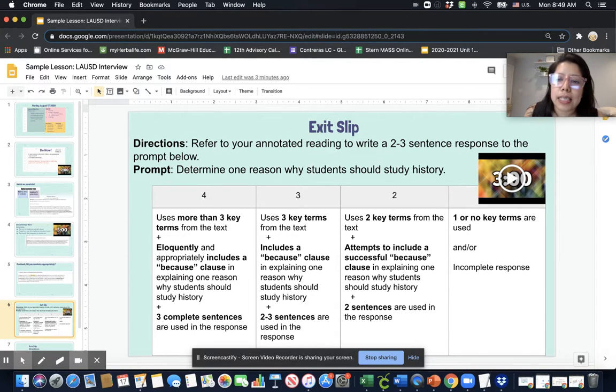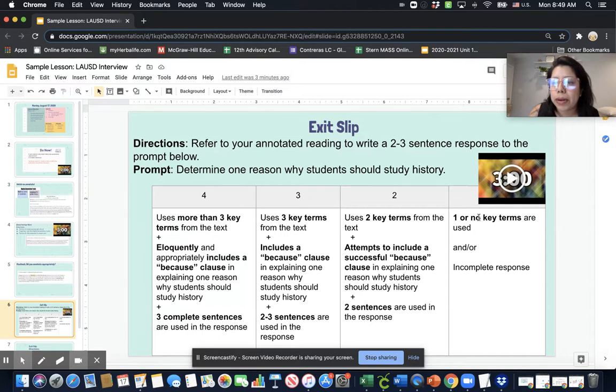In this exit slip, I want you just to write 2 sentences, 3 sentences to answer the question. What's one reason why students should study history? Okay, use the reading. And I should see some of those key terms that you've bolded. Okay, and you should have a because clause.